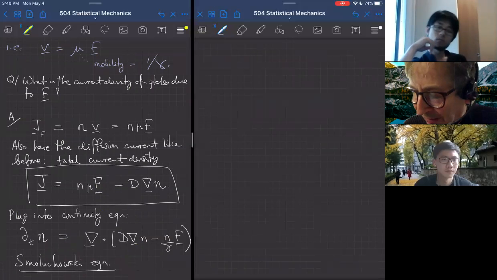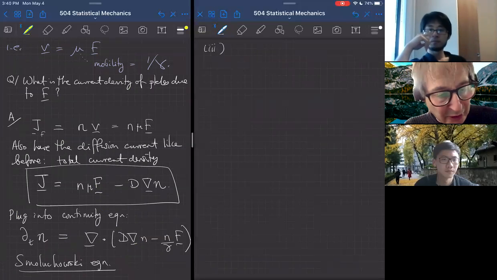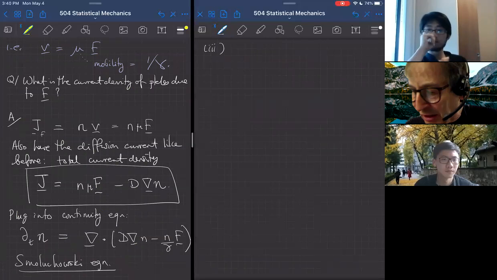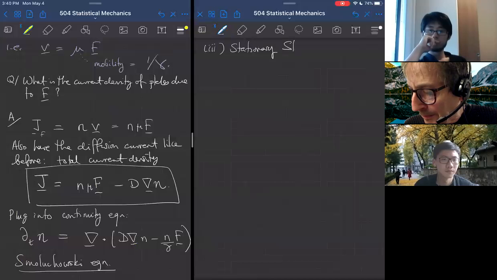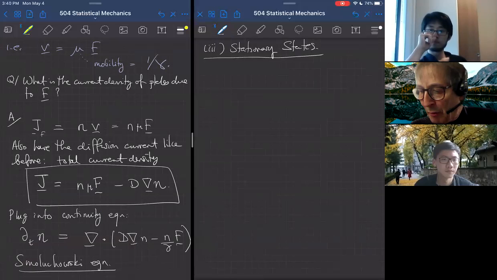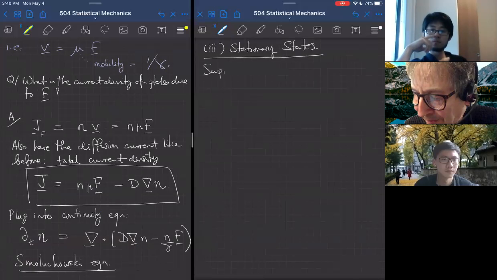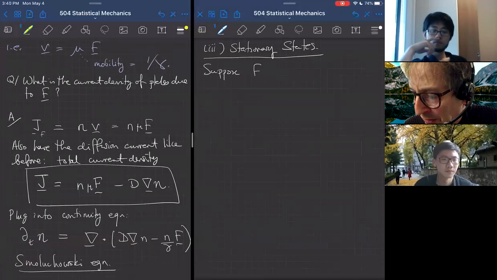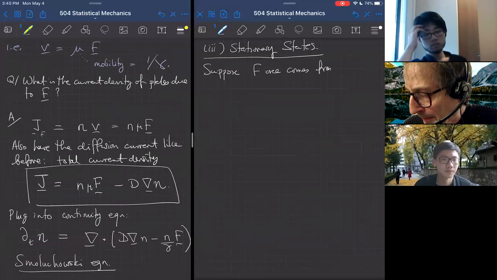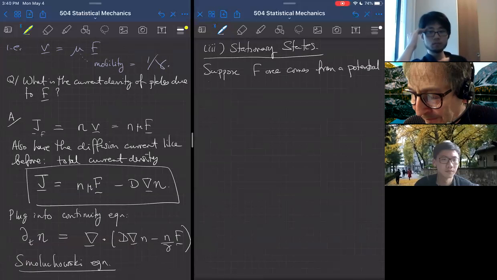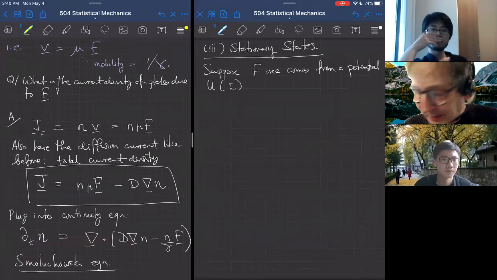Okay, so last thing for today, I want to look at the stationary states. So what I'm going to do is suppose that the force comes from a potential U of r.